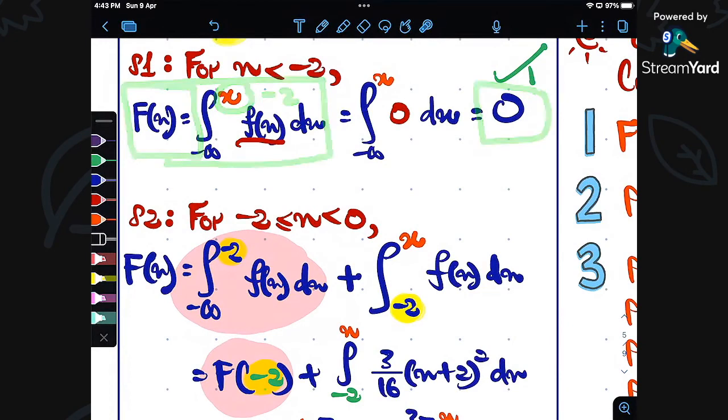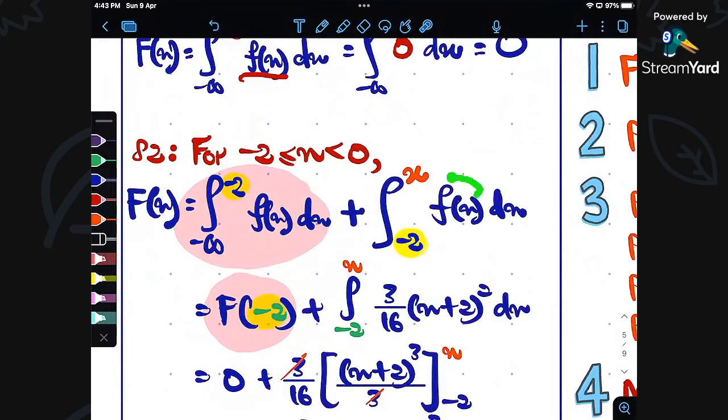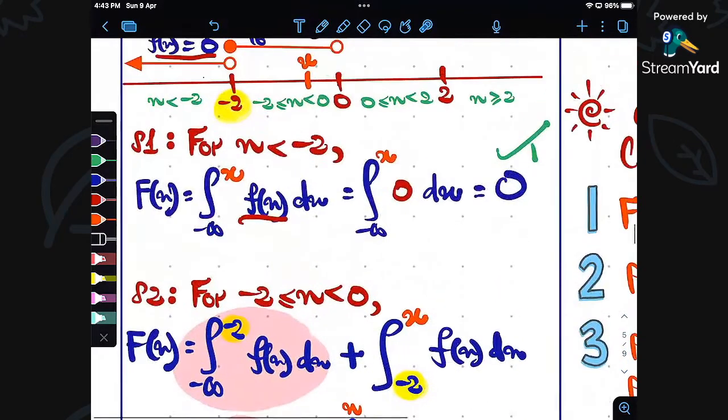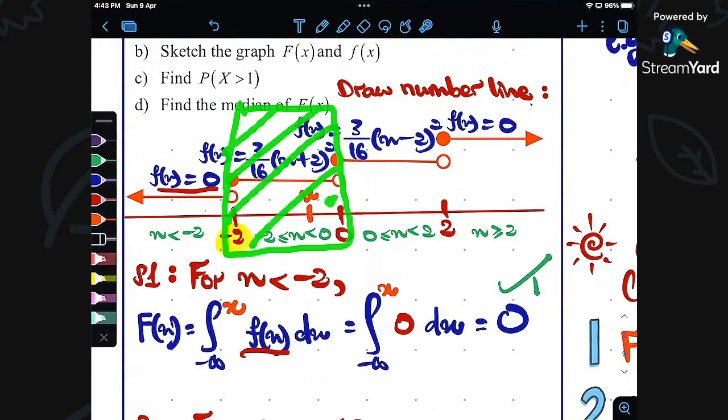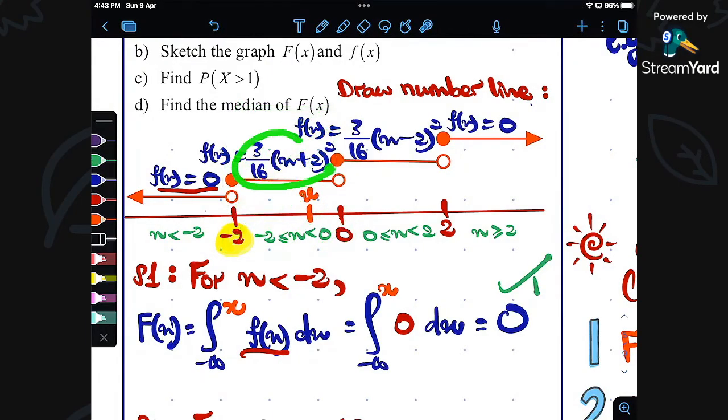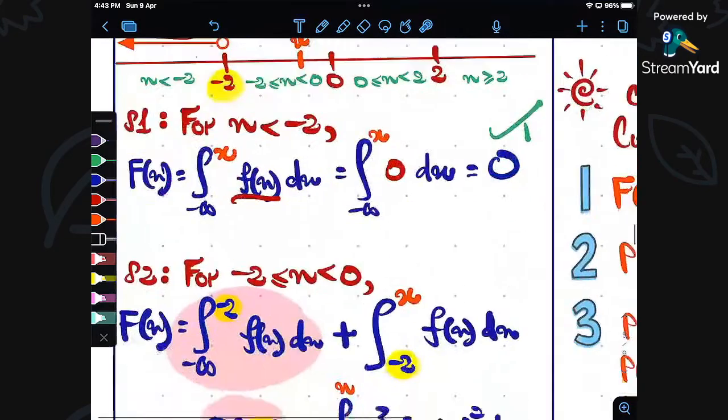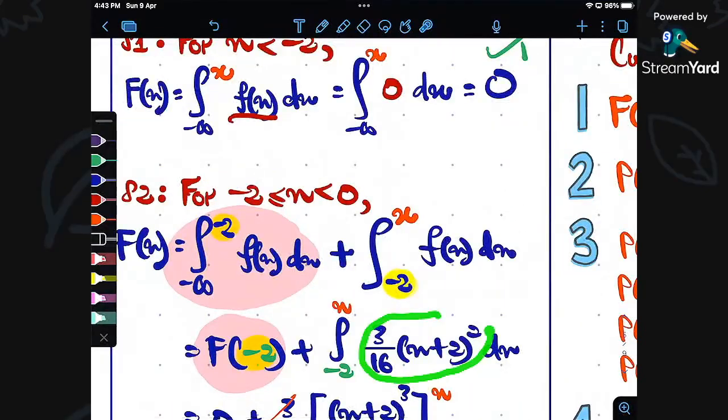It is just from this part of the step, this part of the answer, if you put the negative 2 inside it. Next one is the function f. The next term is small letter f here. Make sure you are choosing the correct function. This second part of the region is using this function, and therefore you are going to pick the correct function there.